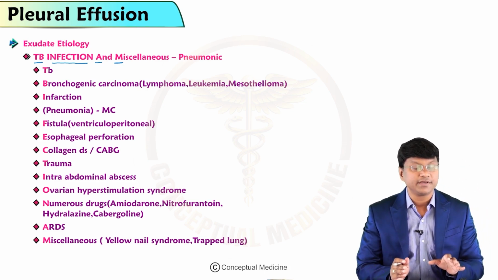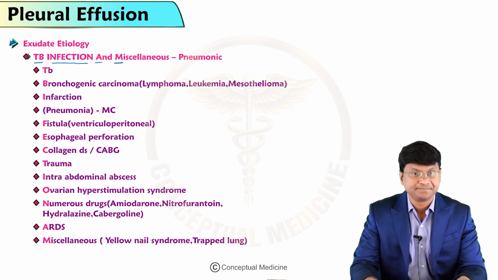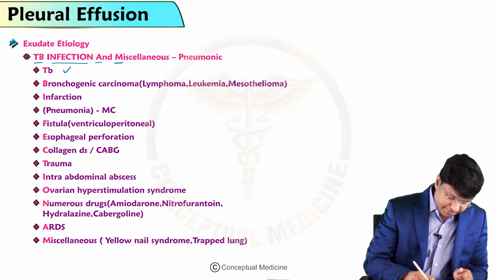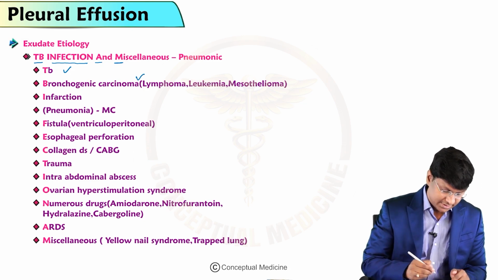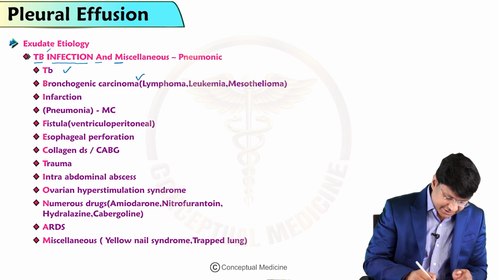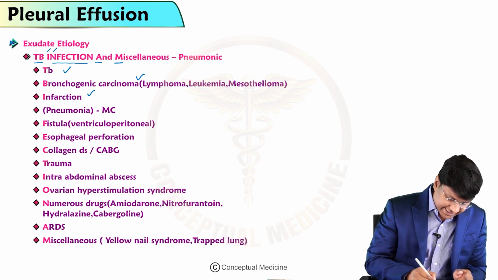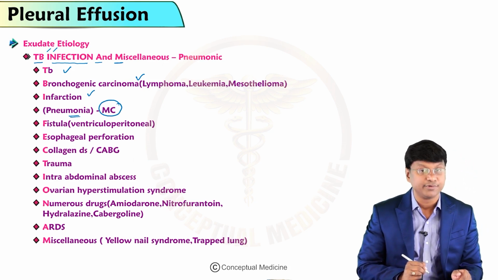This is the mnemonic for exudative type of pleural effusion. So T stands for tuberculosis, B is your bronchogenic carcinoma, and I stands for infarction, that is pulmonary infarction. N stands for pneumonia, that is the most common cause for exudative type of pleural effusion.